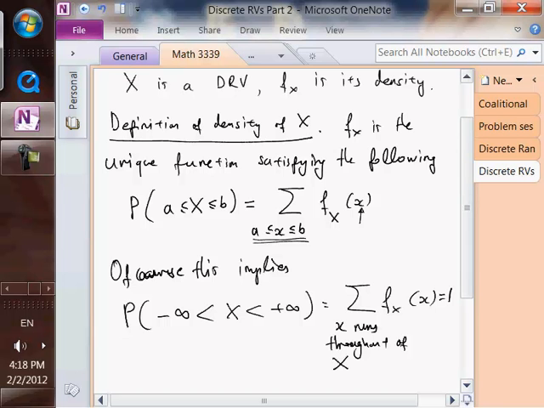Here, x runs throughout the values of X, the range of X. I put it here with words so there is no confusion.